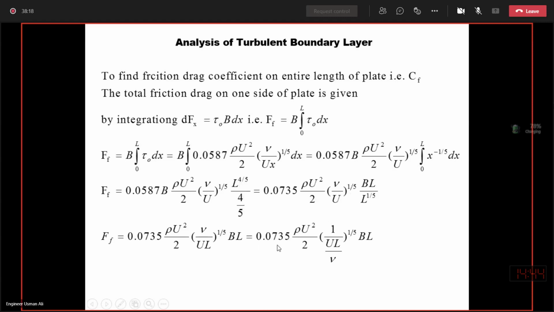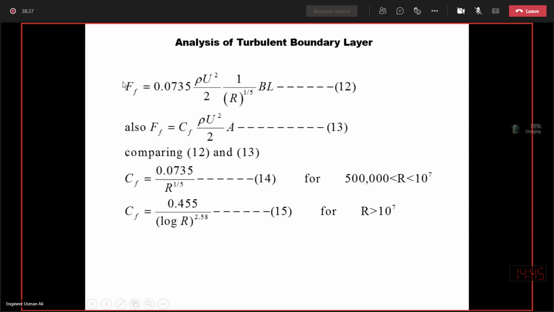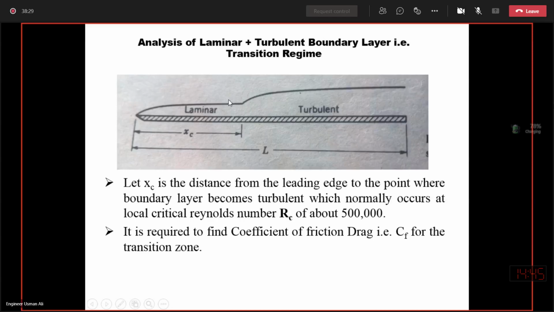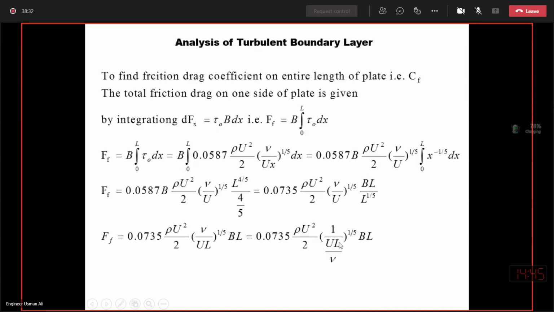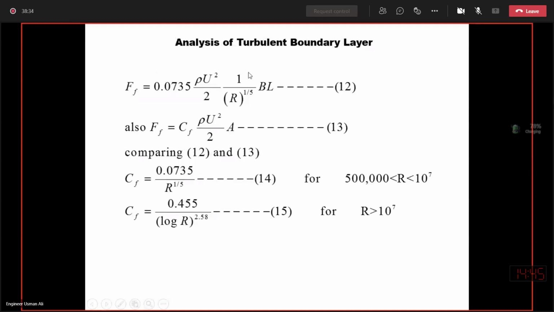So this comes to be 0.0735 rho u square by 2 into 1 over ul over nu power 1 by 5 into bL. And this rho ul over nu is the total Reynolds number, R.